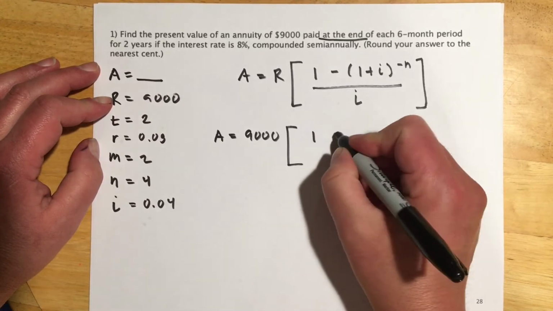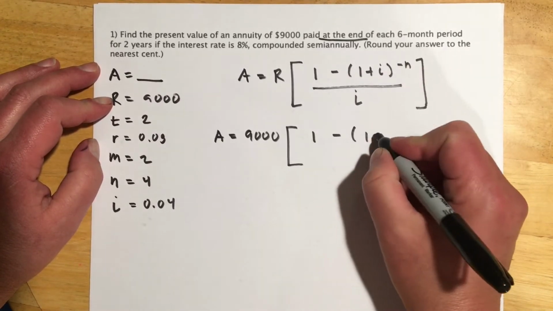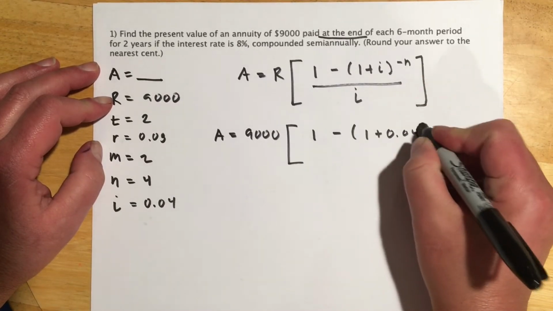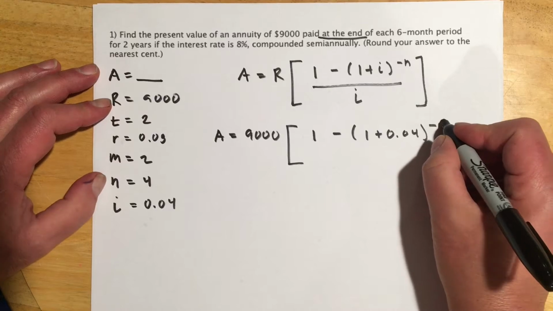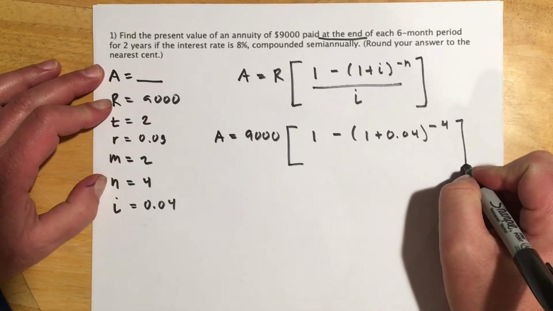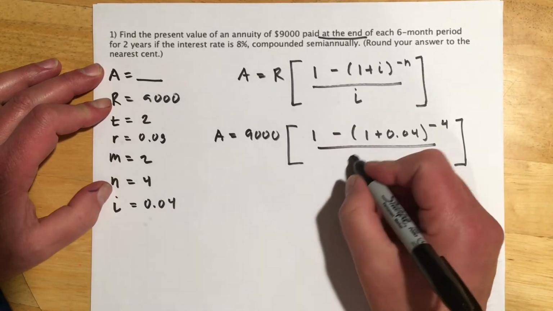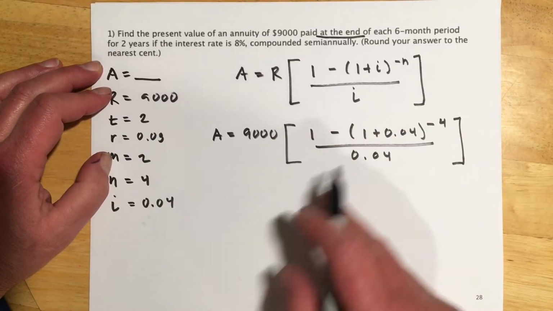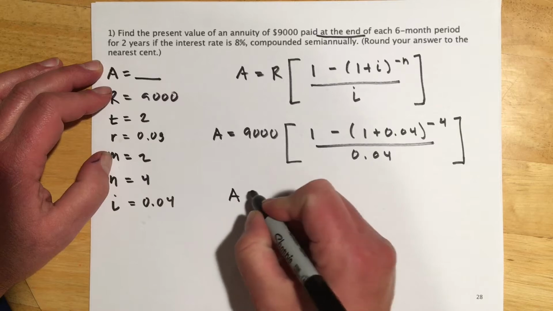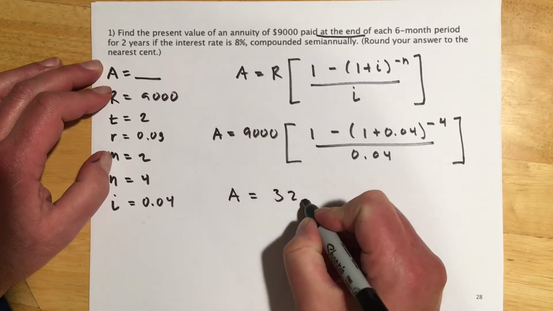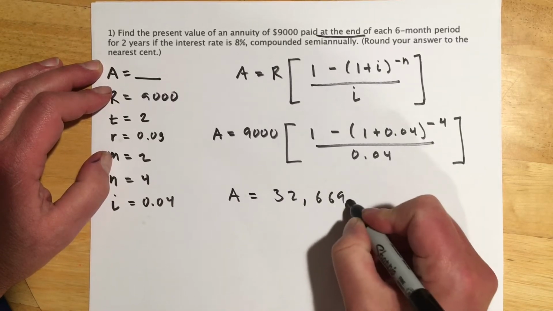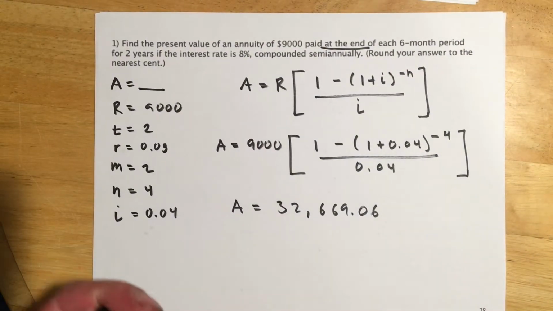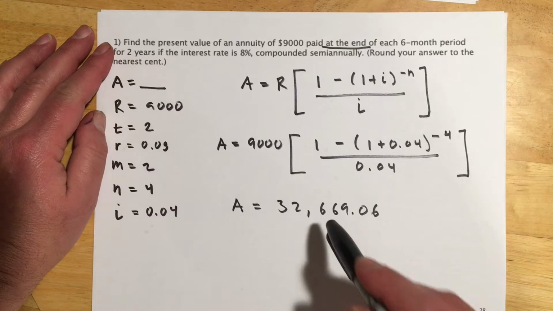Very similar to the last section, just things are rearranged a bit. 1 minus 1 plus 0.04 to the negative N, and then over I, again 0.04. And so this one is just shoving the whole thing in a calculator, and when I did that, I got 32,669.06.